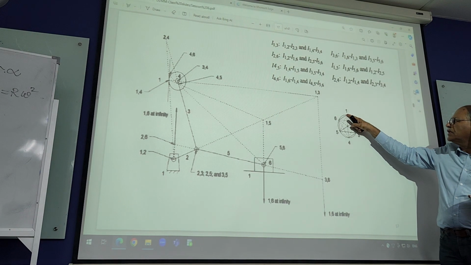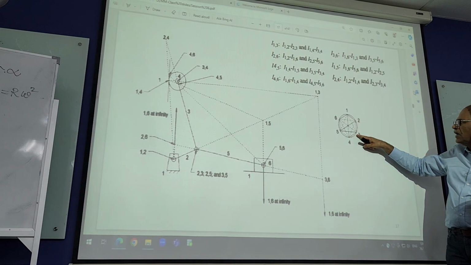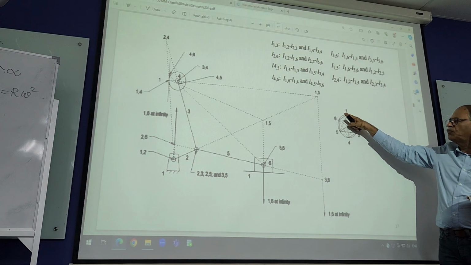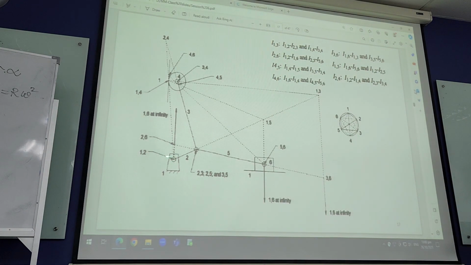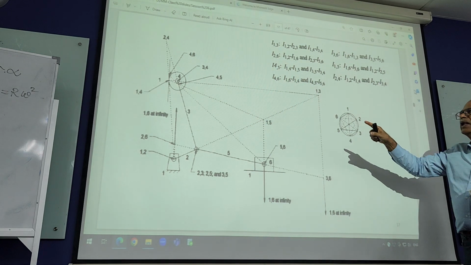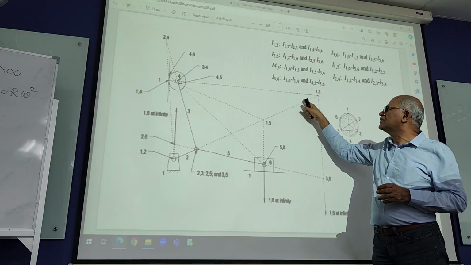So this 1, 3 is common to 1, 2, 2, 3 and 3, 4, 1, 4. So you can now connect 1, 2, 2, 3, draw a line. Then 1, 4 is here, 3, 4 is here. So draw a line, okay, joining 1, 4, 3, 4. So these two lines will intersect.